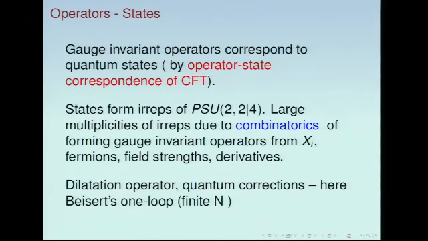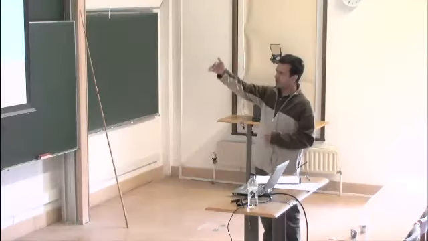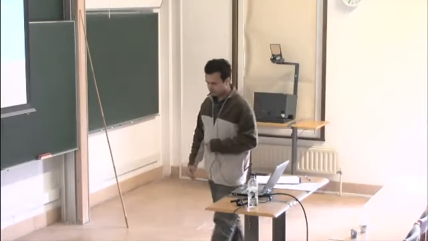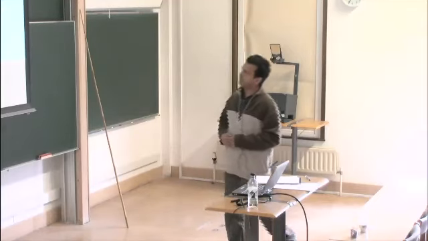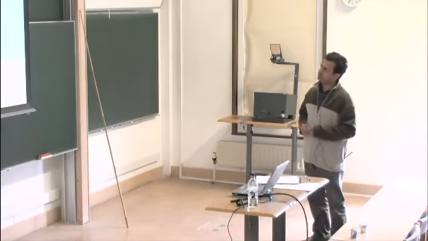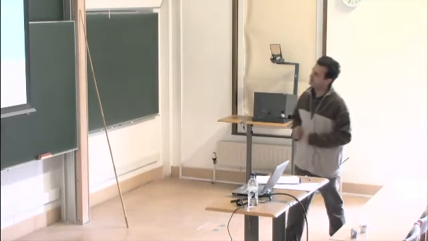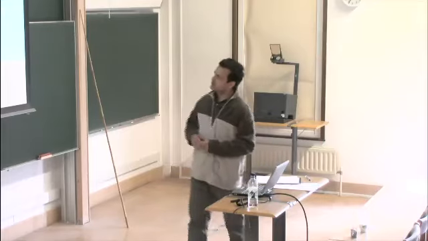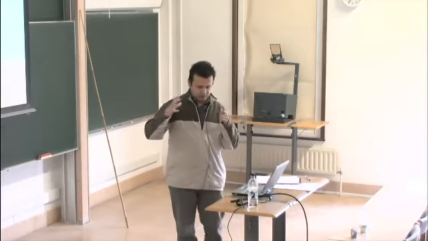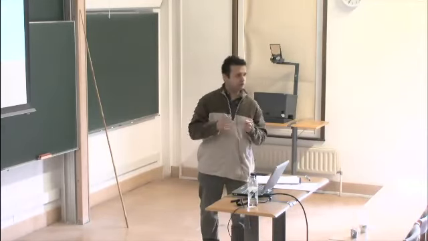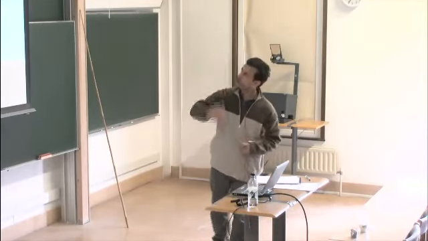So there is a combinatorics of these multiplicities of irreps, which comes from many different kinds of gauge invariant things you can build. And also among the generators of PSU(2,2|4), you have the dilatation operator, and you want to match the eigenstates and eigenvalues of that.